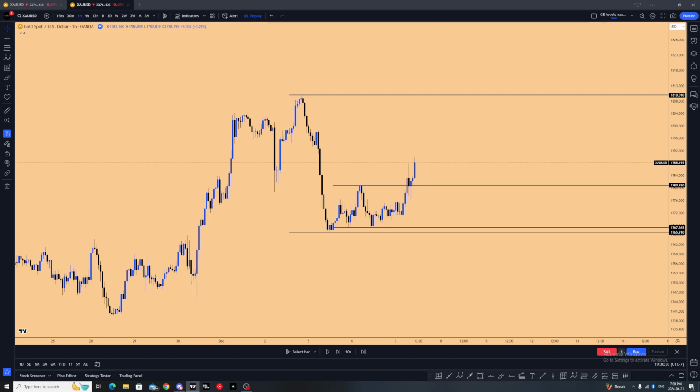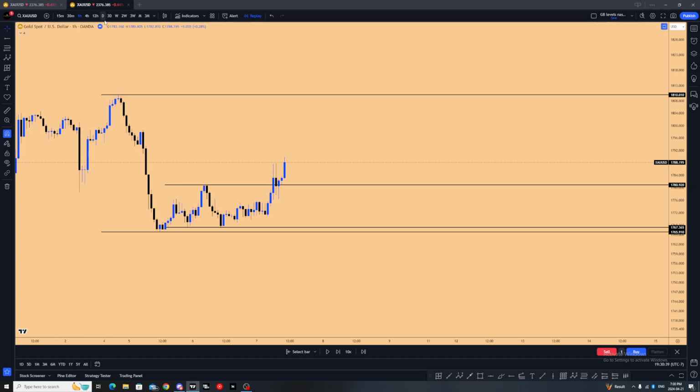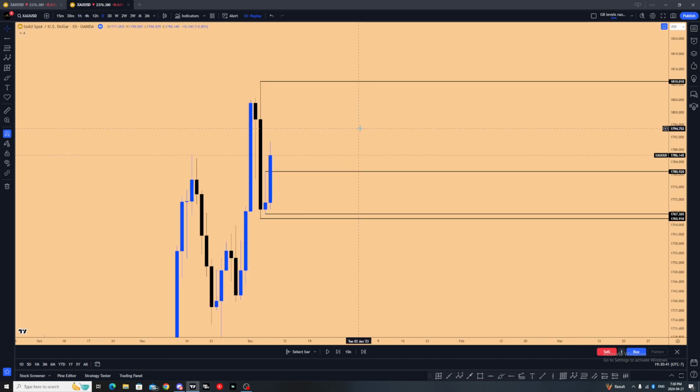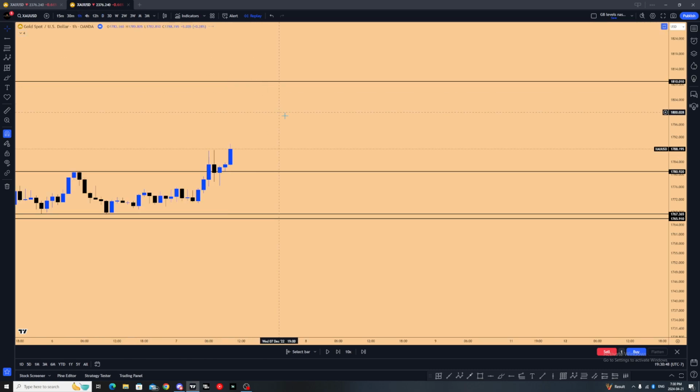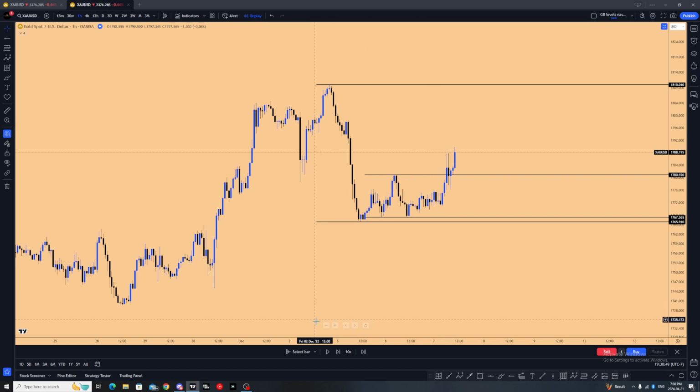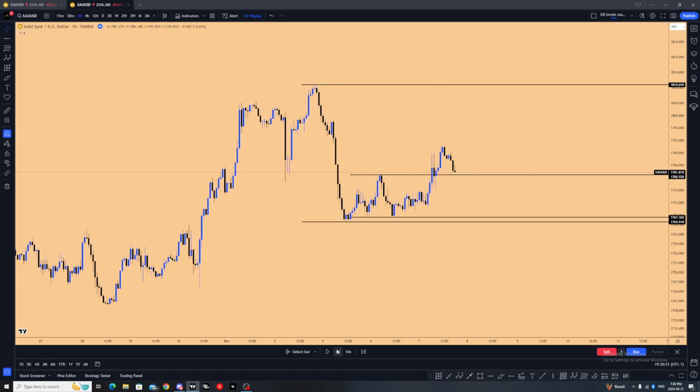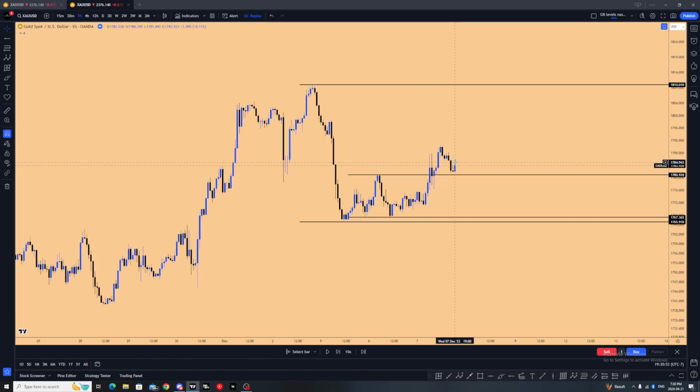So when you look at the daily chart, the daily candle closes above the previous high. This is overnight price action now.